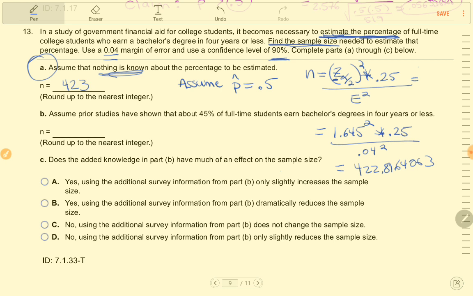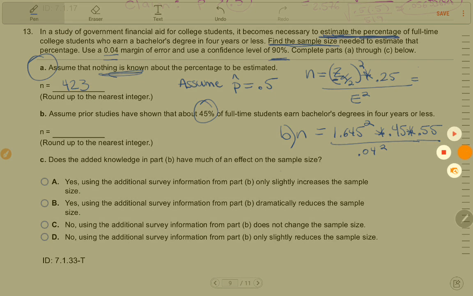And then to do the second part, we will just change this portion of it. So now doing part B, our n is going to be using the estimate of 45%, so 0.45 for p hat and 0.55 for q hat, which will give me a different estimated value.